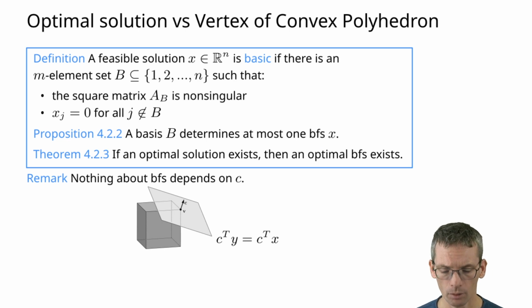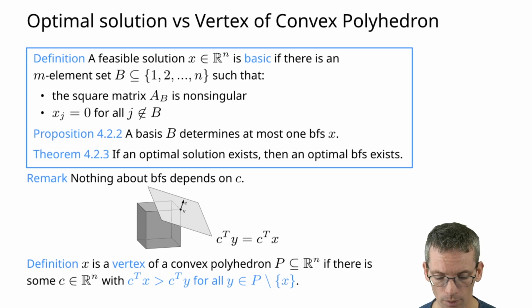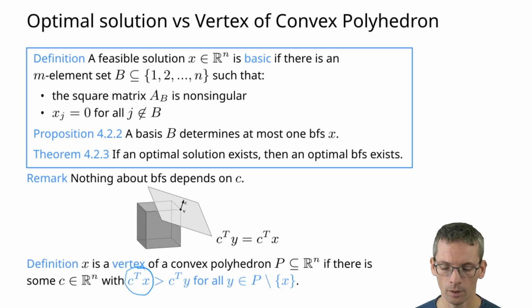We're going to take a look at the objective function, and first of all the perspective on convex polyhedra, namely the corners of a convex polyhedron, or the vertices. So X is a vertex of a convex polyhedron if and only if, or here I'm giving this as a definition, if there is a C such that C transposed X is maximal and X is also unique with this property.